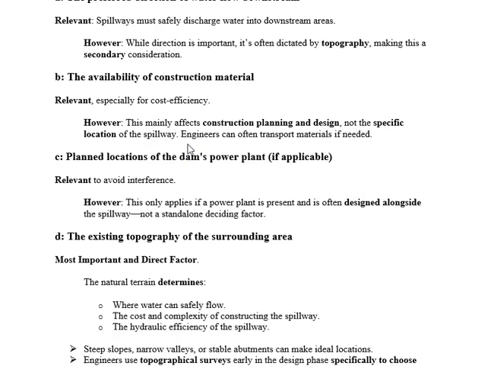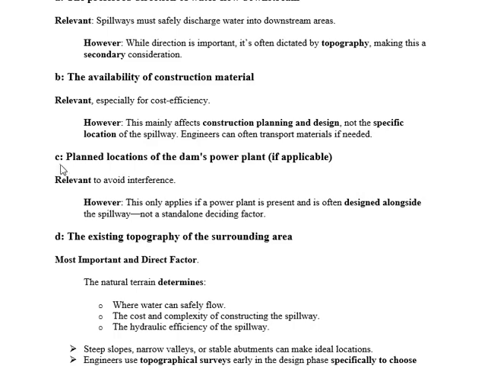The type and availability of construction material influences the overall cost and ease of building the spillway, but materials can usually be transported to the site, so this is not a primary consideration when deciding the exact location of the spillway.